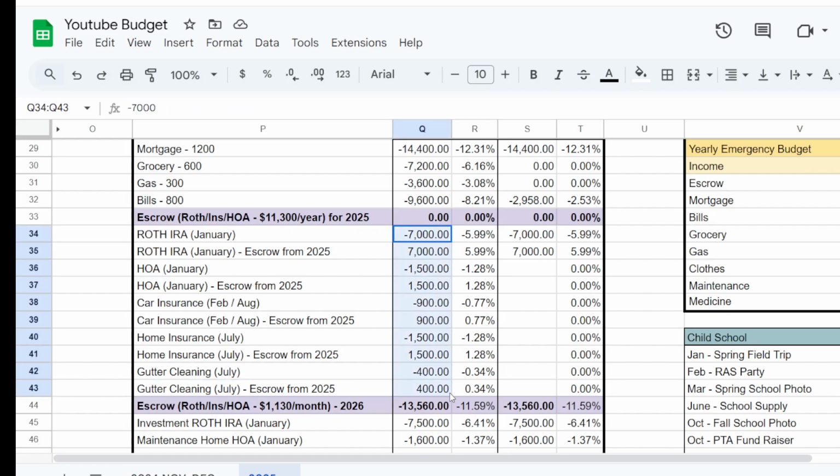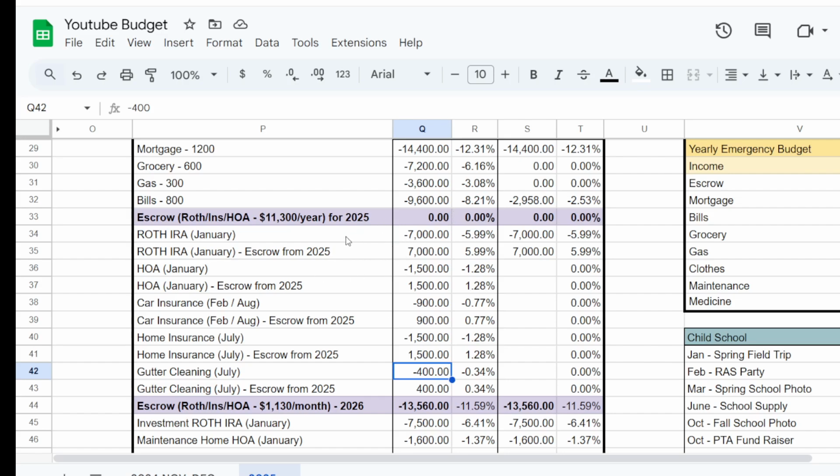And these are the prices that I anticipate paying for them. 7,000 for, I guess it'll be my 2024 Roth IRA, because this year I paid for 2023 Roth IRA. My HOA should be around 1,500, car insurance about 900, home insurance 1,500, and gutter cleaning around 400.